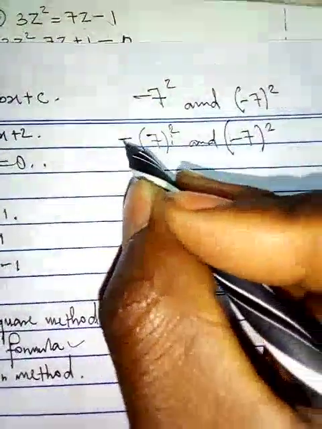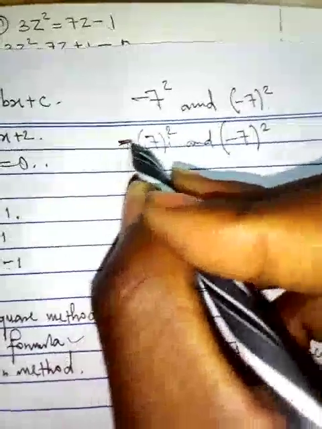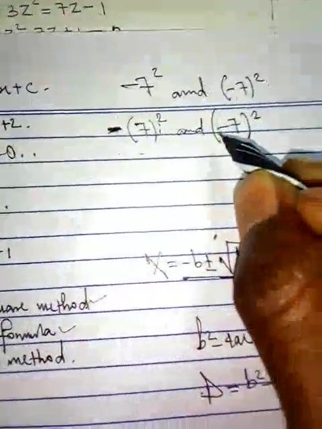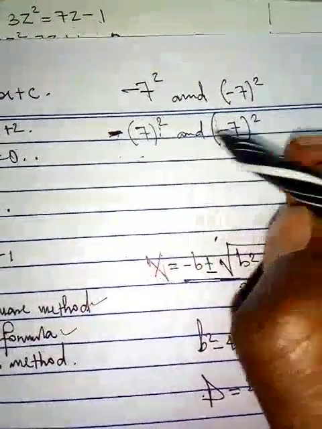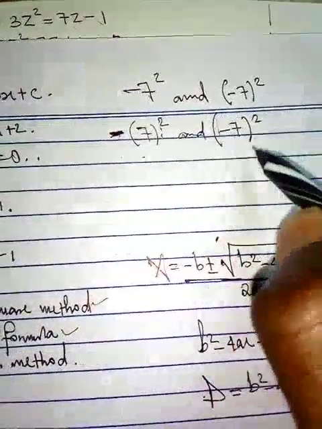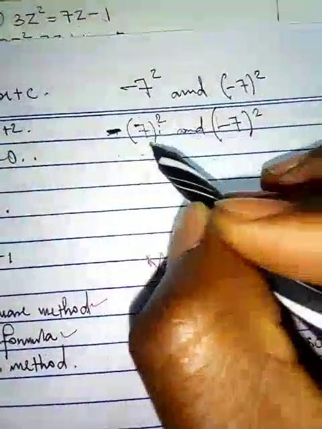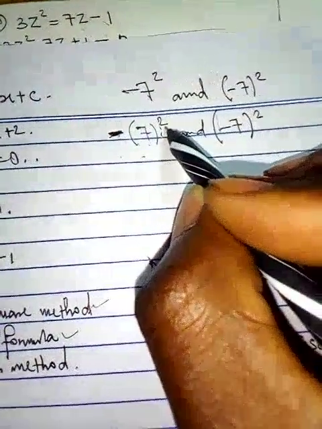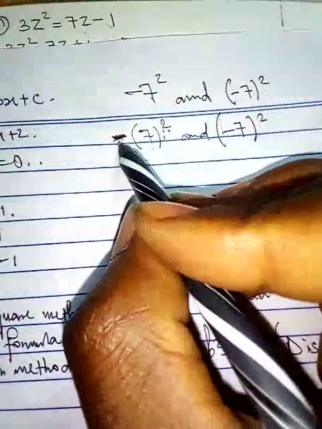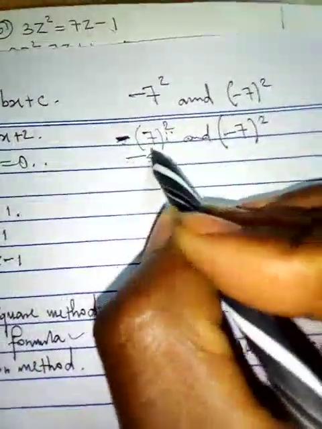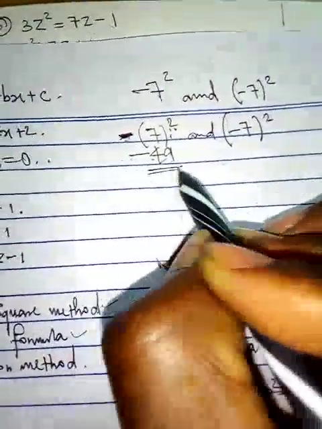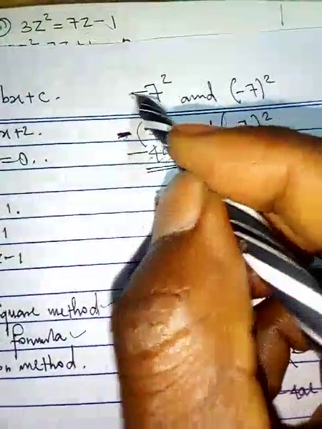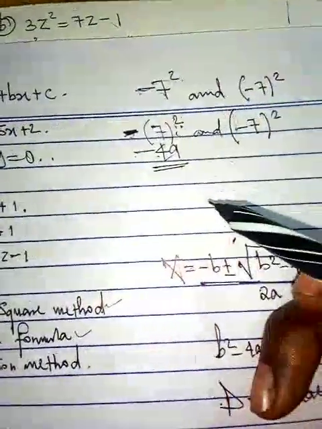In this one, the negative is outside. But in this one, you're going to see that the negative is inside with the 7. So 7 squared, as we all know, is just 49, a positive. But because there is this negative outside, your value is still just going to be negative 49. So even if you punch negative 7 squared on the calculator, that's going to be very wrong.